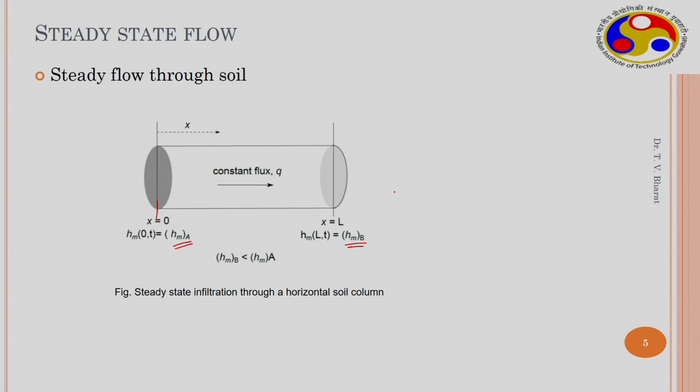Utilizing the steady state flow, the estimation of hydraulic conductivity of unsaturated soils we have already seen, where either by using a high air entry disk at this particular point, here you can utilize a high air entry disk, and here also you can utilize a high air entry disk.